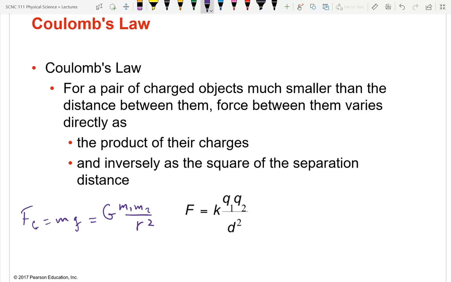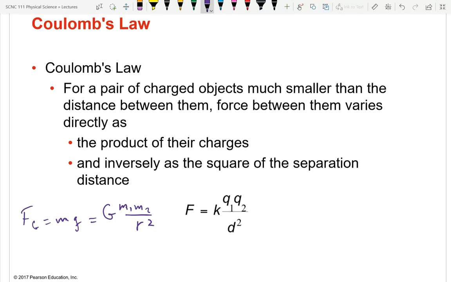So the force due to both gravity and electric force is inversely, that's 1 over, proportional to the separation squared. So if you double the separation between two things, you're going to have the force is 1 over 2 squared as big. What's 2 squared? 2 times 2 is 4. So if you double the separation between two charges, you'll have 1/4 of the force.